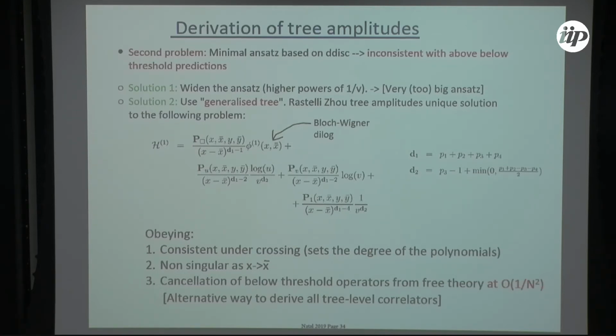Then this gives you an alternative derivation, if you like, of the tree. Well, it's not really, but I'm just saying we're taking a very specific ansatz here, so it's a more restricted ansatz.